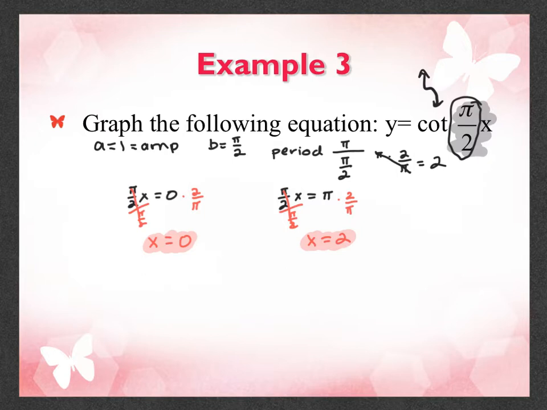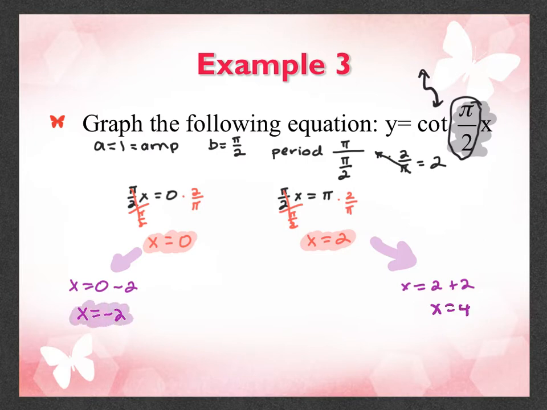From the one on the left, I'm going to subtract the period, which is 2. From the one on the right, I'm going to add the period. And I get x equals negative 2 and x equals 4.